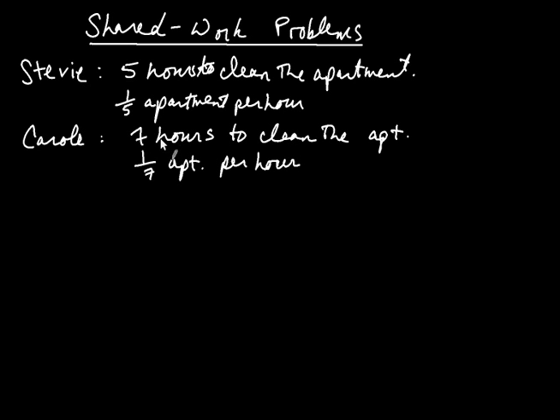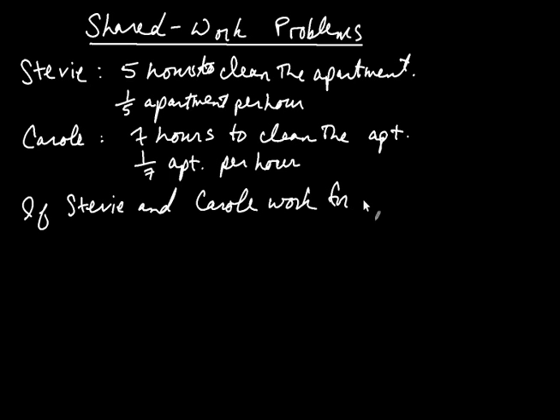Okay, so now let's say that Stevie and Carol decided to clean the same apartment together. So let's make an observation. If Stevie and Carol work, that is clean, for 2 hours together, at the same time, cleaning different parts of the apartment, then how much has Stevie cleaned?